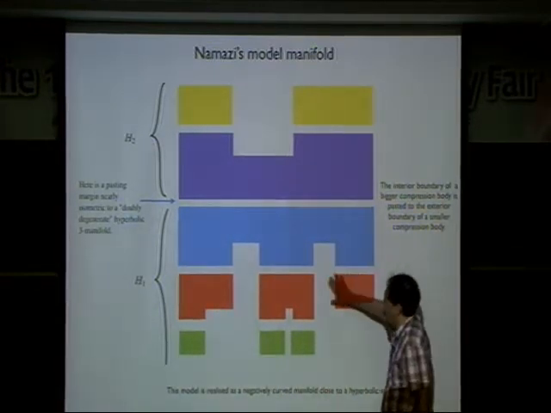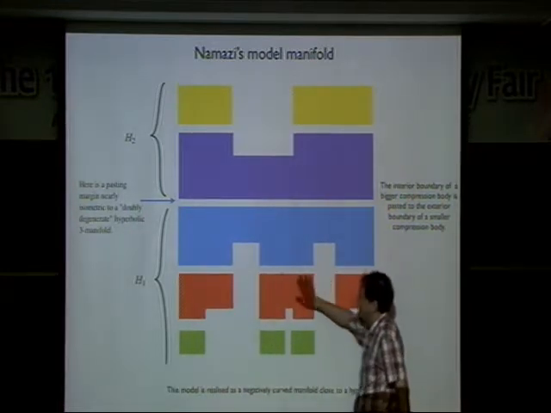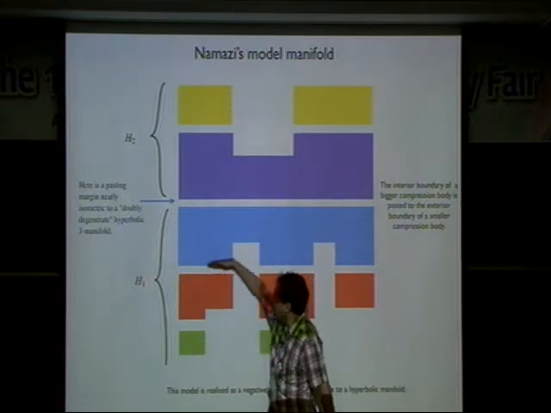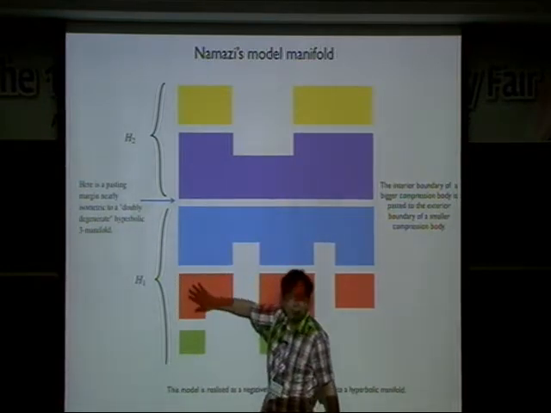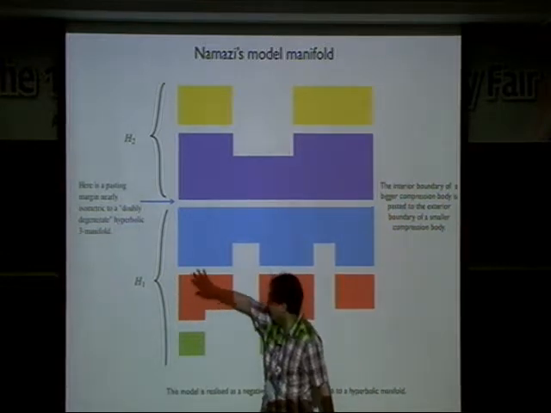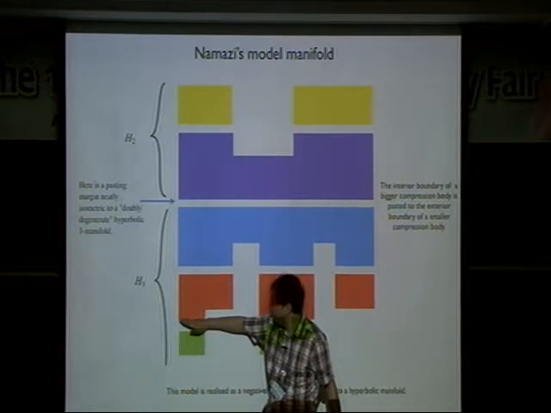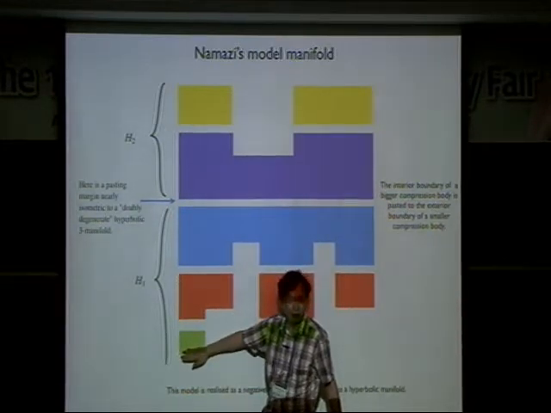Then again you have either a compression body or a handle body, and this interior boundary is identified with the exterior boundary of the red one. If you have the interior boundary of this red compression body, you paste another compression body or handle body.